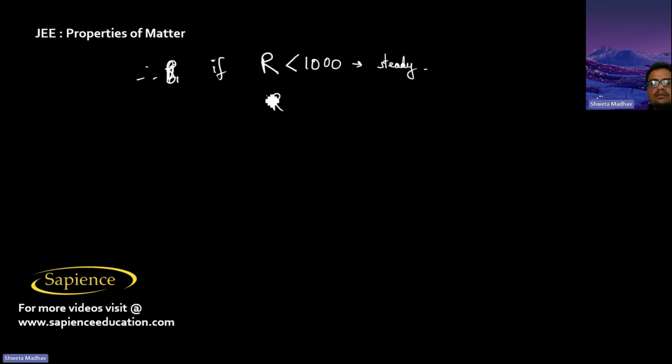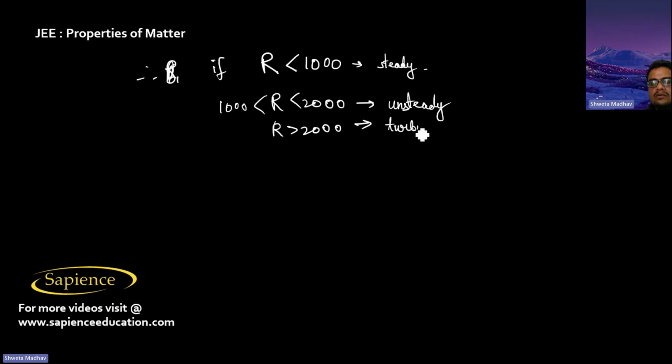And if R is more than 1000 but less than 2000, then the flow becomes unsteady. And then if R is more than 2000, then it is a turbulent flow.